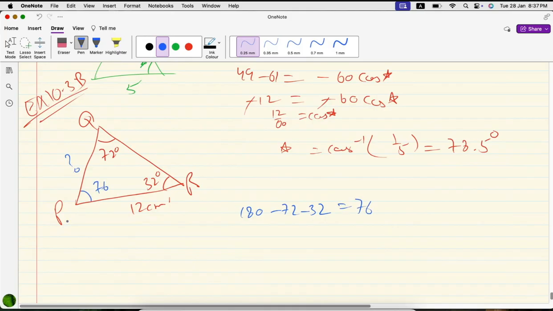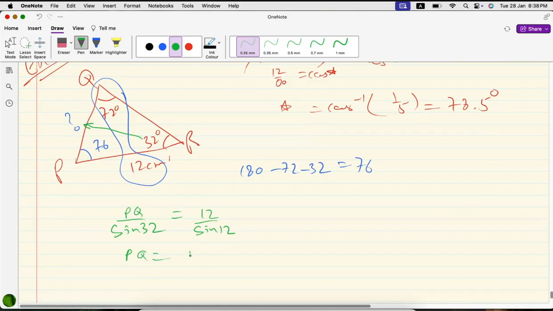This is 76. Now, we have this complete pair, and just realize 76 was not required. And this is an incomplete pair. We can use these. PQ over sine 32 is equal to 12 over sine 72.